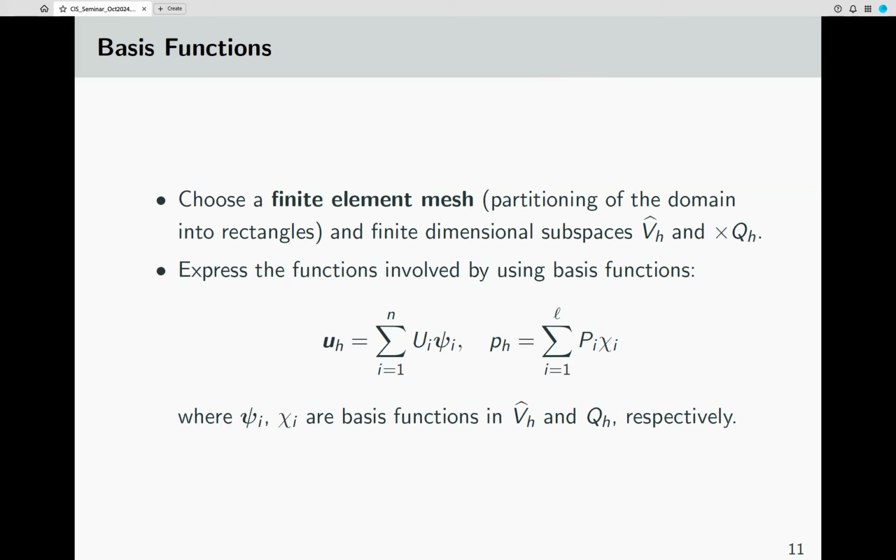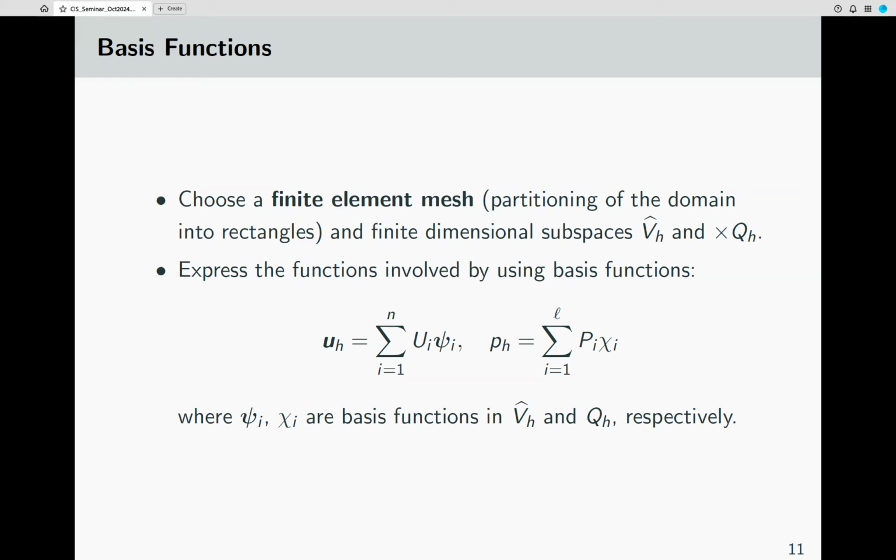So here, how does this work? You basically start with discretization of your domain. In this case, the particular thing that we are doing is that we partition the domain into rectangles. You can imagine having a square or rectangular domain, so that would be really easy to partition into small rectangles or squares. After that, you need to choose a set of basis functions, because we're working on a function space.